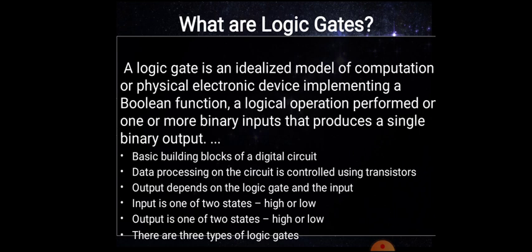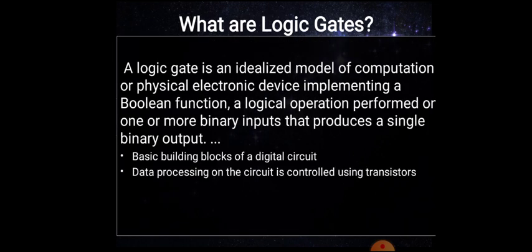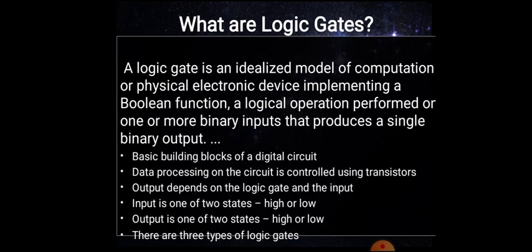Here logic means it will do the operations of arithmetic, that means addition, subtraction, multiplication, like operations. That's why we call these gates logic gates. Simply, a gate is an electronic device or electronic circuit. It has one or more inputs and only one output.